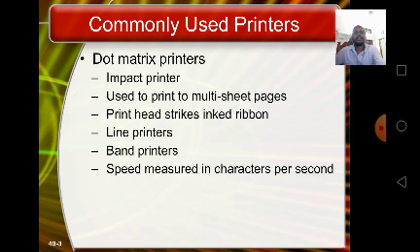First, we discuss dot matrix printers. Dot matrix printers are commonly used in workplaces where physical impact with the paper is important, such as when the user is printing to carbon copy or pressure sensitive forms.